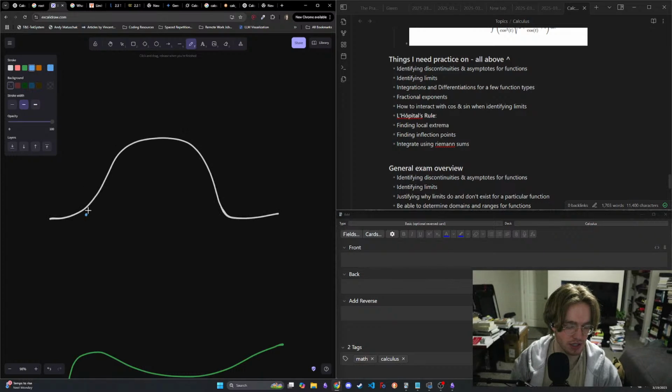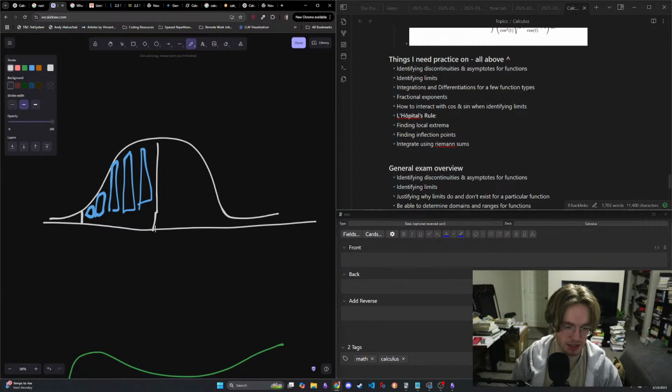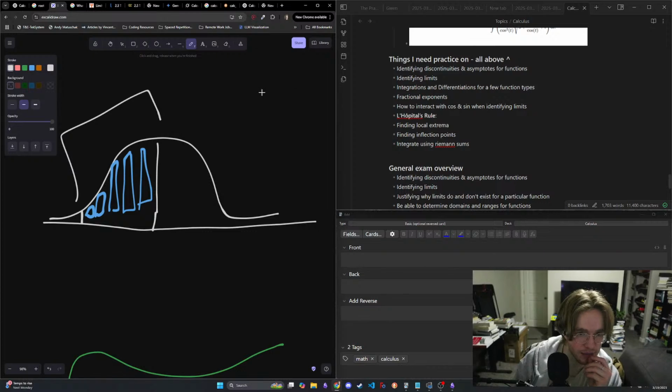So if we just make little boxes here, practically speaking, this is what a Riemann sum looks like, I believe. And then we approximate it using summation, meaning I think we're just adding up each of these little boxes. And then we say, hey, we got this answer.